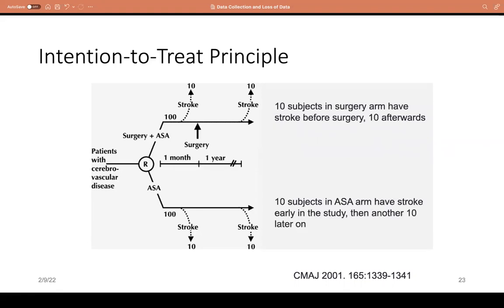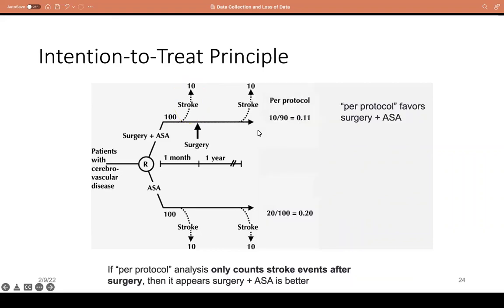So I just explained this, but here again, these 10 people in the surgery arm have stroke before surgery and 10 afterwards. And if you do what we refer to as a per protocol approach, which basically means that you're analyzing people according to exactly what happened, you end up excluding these first 10 people because they actually never had the surgery.